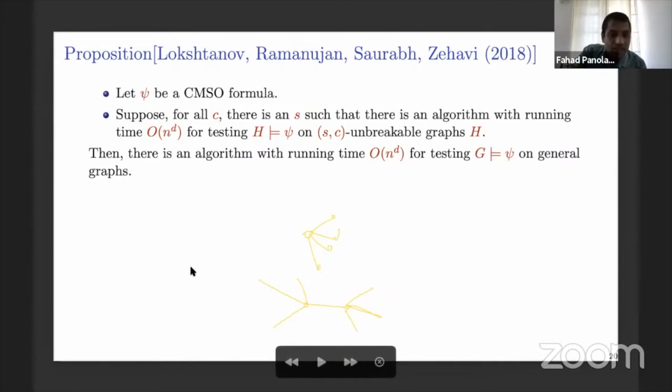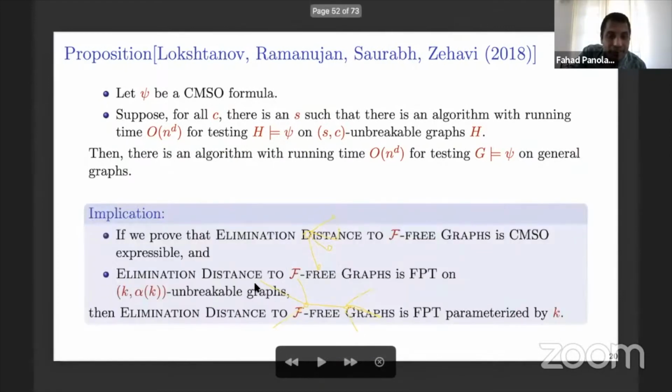Now, what is the implication of this in our setting? If we prove that elimination distance to F-free graphs is CMSO expressible, and we prove that elimination distance to F-free graphs is FPT on K-alpha(K) unbreakable graphs for all K. Here K is the same as this C, and alpha(K) will be given by this result.